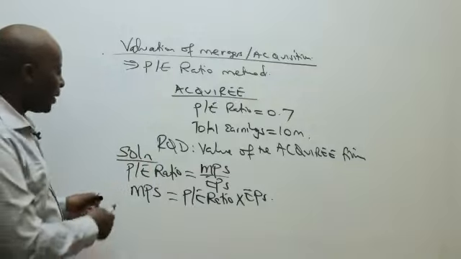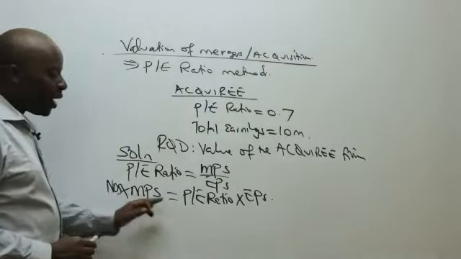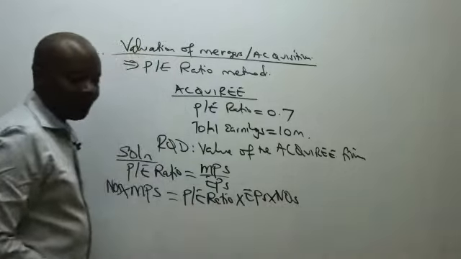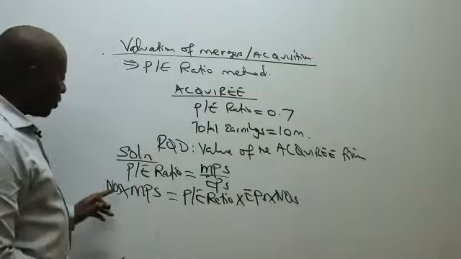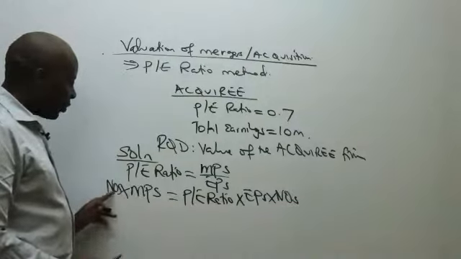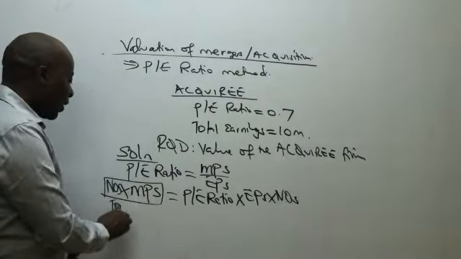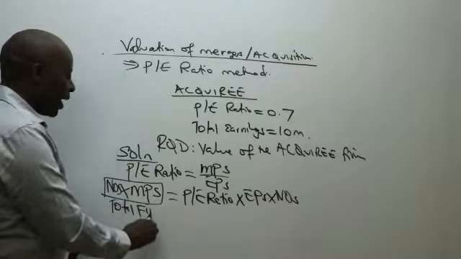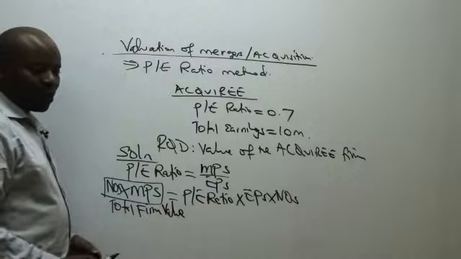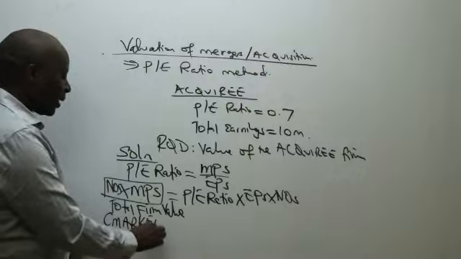So you must introduce the NOS here, and for equality to hold, you must also introduce the NOS on the other side. Number of ordinary shares times MPS gives us the total firm value, or what some books call market capitalization.